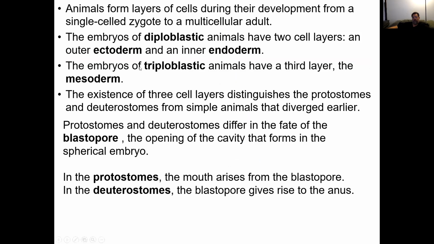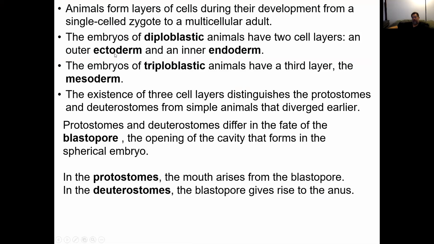I've just kind of described this already through showing you that picture, but basically we're going to talk about the different tissue layers of an animal that forms and what they become.